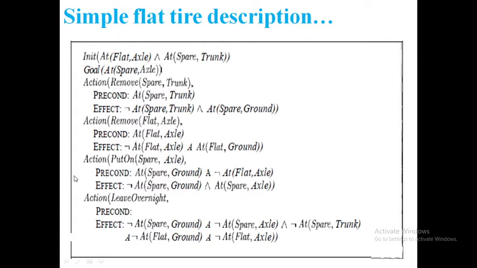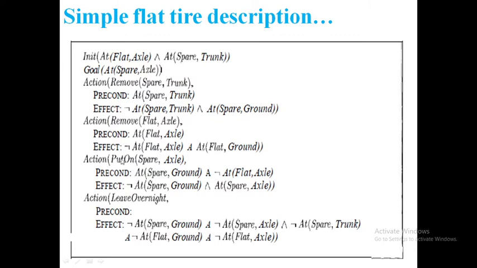Next, the third action: after removing the spare from the trunk and the flat from the axle, now we can place the spare on the axle. What is the precondition? The spare should be on the ground and the flat tire should not be on the axle, meaning the axle should be empty, with no tire on it.